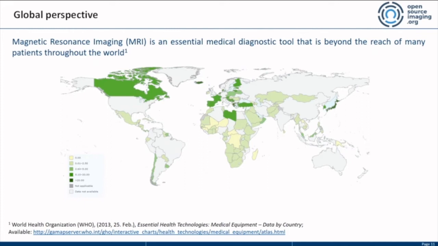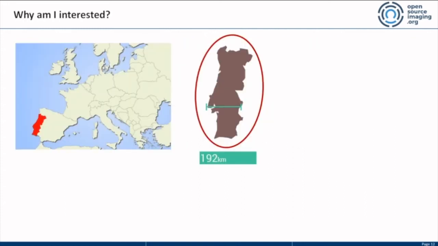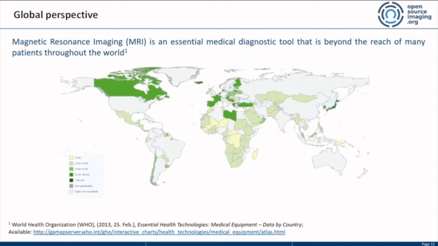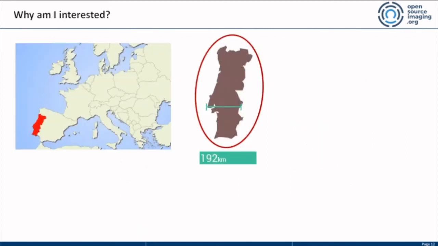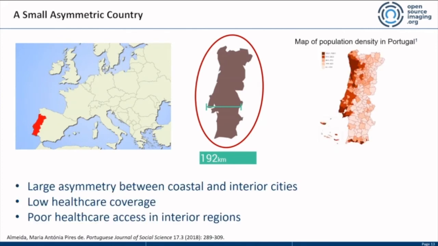You see a nice coverage for Europe, but if you go to Africa and South America, that's not really the case. And I come from a small southwest country in Europe, Portugal, and as you can see here, Portugal is dark green, it's okay, but if you zoom in inside Portugal, you see a huge asymmetry in the country.